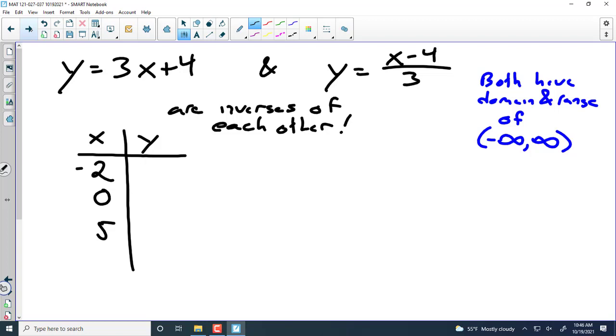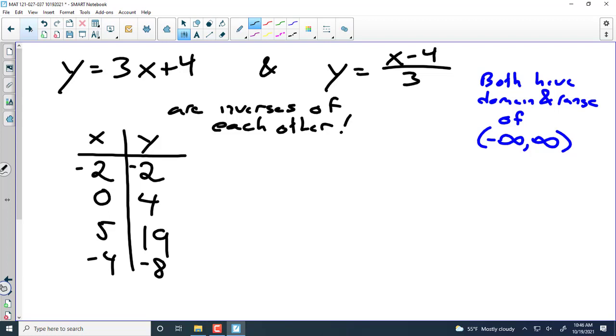So -2 times 3 is -6, plus 4 is -2. If I put a 0 in there, I'll get a 4. If I put a 5 in there, I'll get a 19. Let's do one more. If I put in a -4, I'll get a -8.